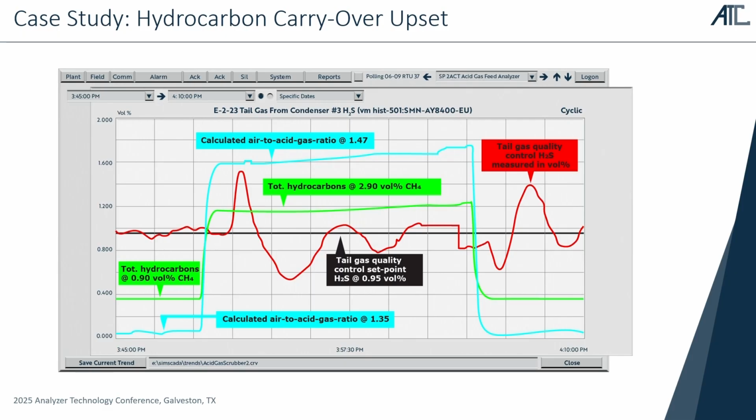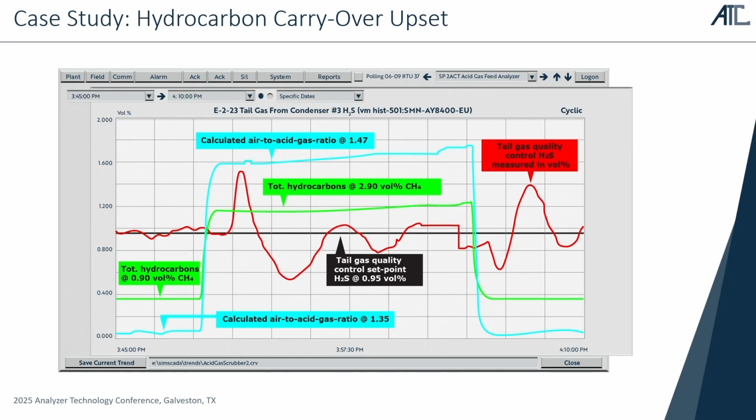Basically, to describe what this is, every block is about a 2-minute interval. And the upper range on the top of the graph is 2% H2S coming out of the tail gas of the plant, which typically would be a trip setting of the plant.